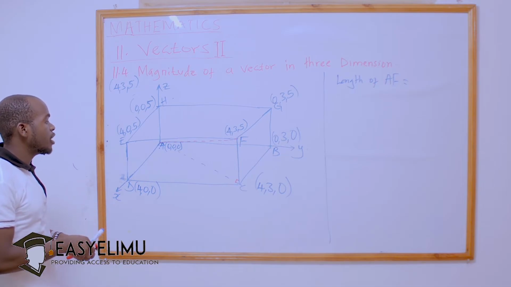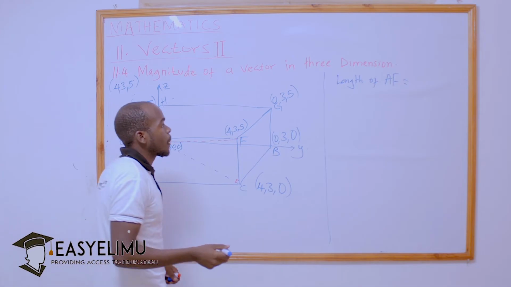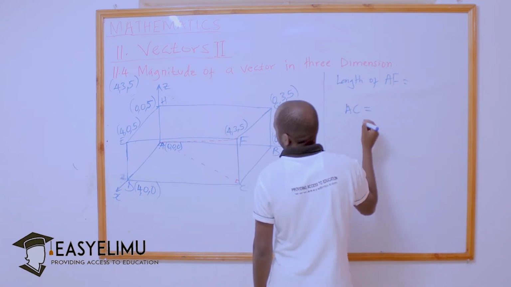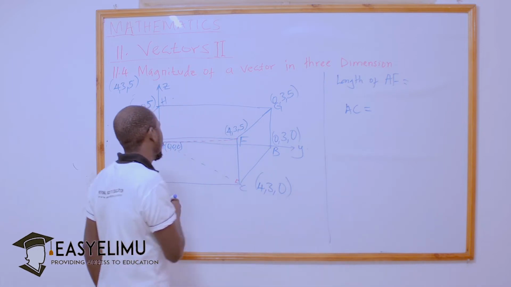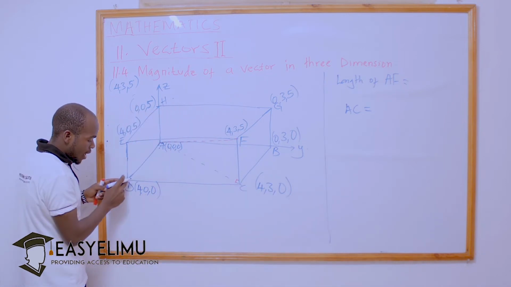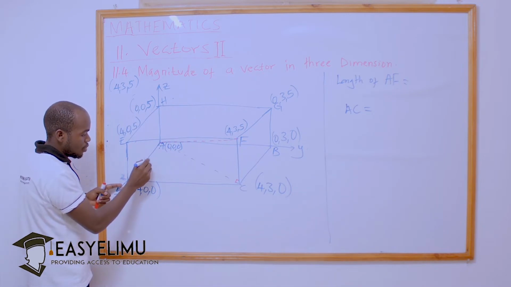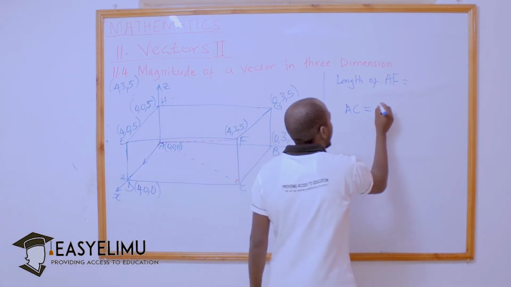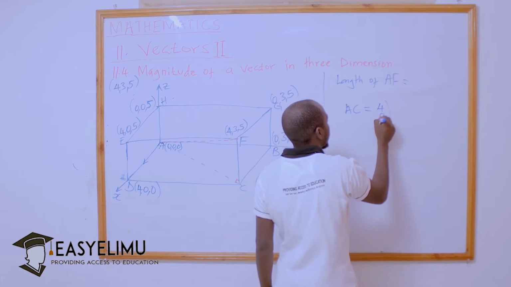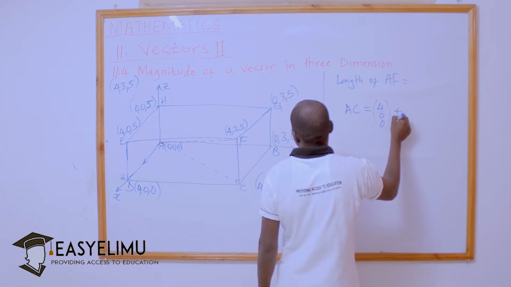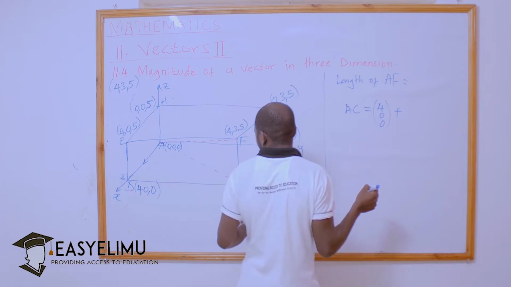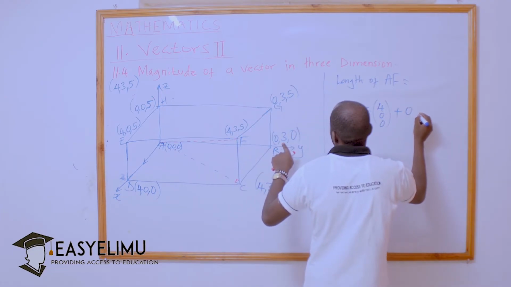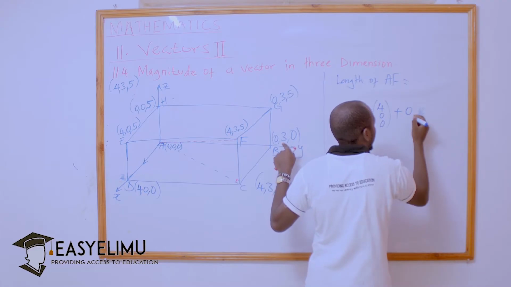First, we need to find AC. AC will be equal to, because it is vectors, we move to AD, which is 4, 0, 0, plus that of DC, which is in the y direction, so it is 0, 3, 0.